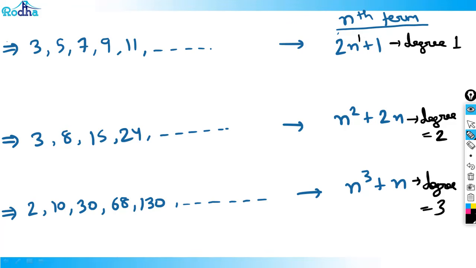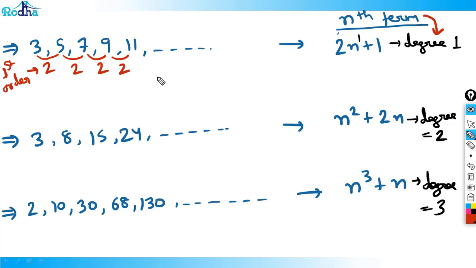Okay, so why does it happen? It happens because we have to observe in which order the difference becomes equal. If you see 3, 5, 7, 9, 11, the difference is 2, 2, 2. So in the first order only, the difference has become equal, so its nth term will have degree 1.